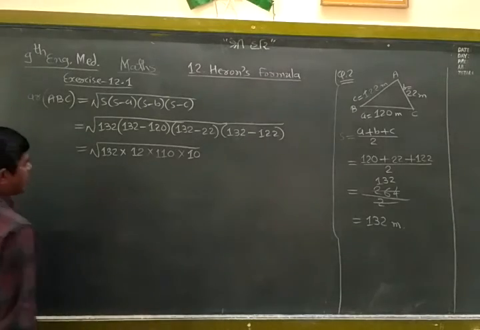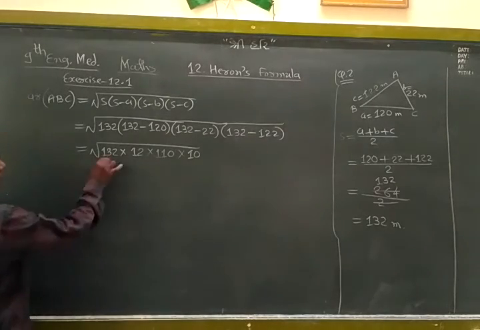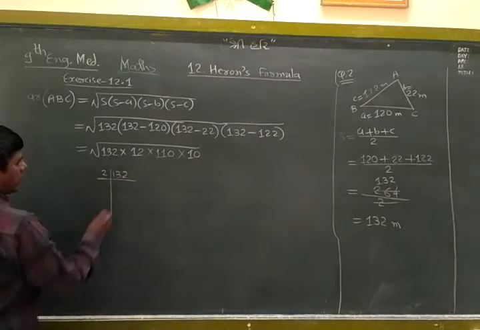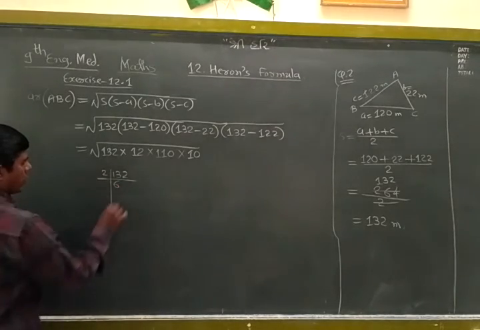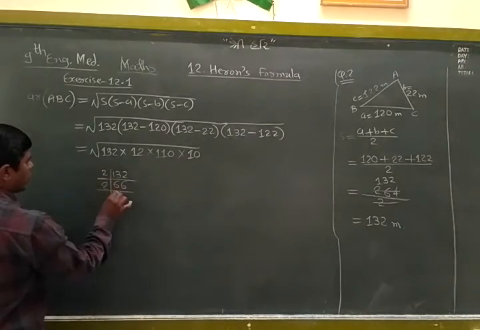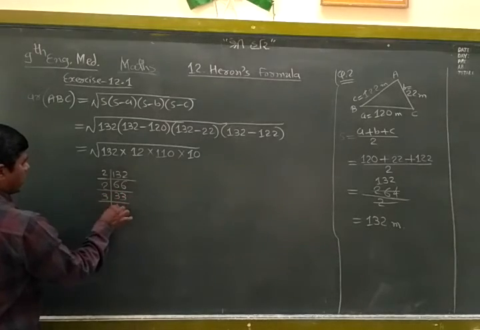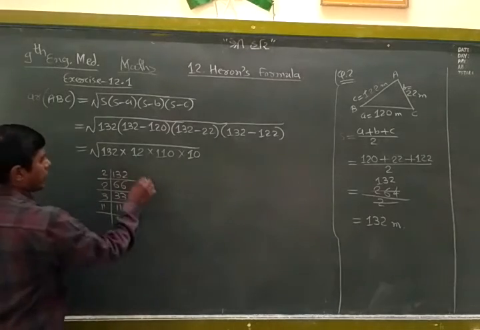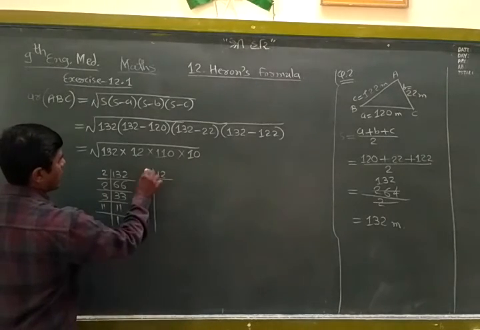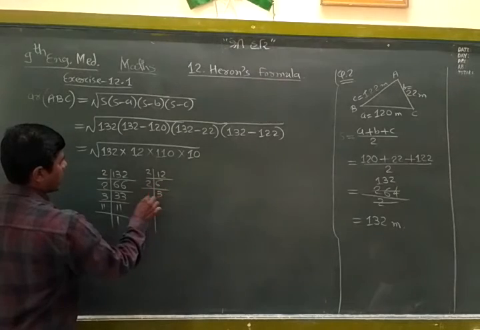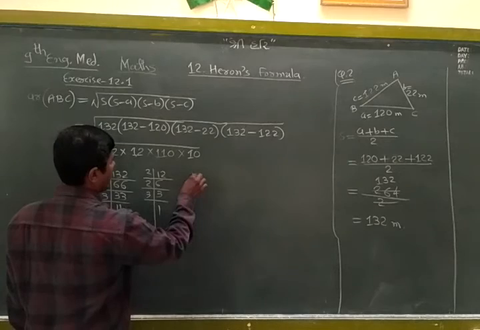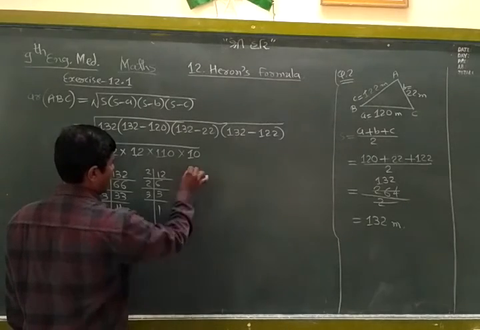Now we use factorization. Here 132. So 2 sixes are 12, 2 sixes are 12, 2 thirty-three, 3 elevens are 33, 11 ones are 11. Okay. Here 12: 2 sixes are 12, 2 threes are 6, 3 ones are 3. Here 110. Okay.